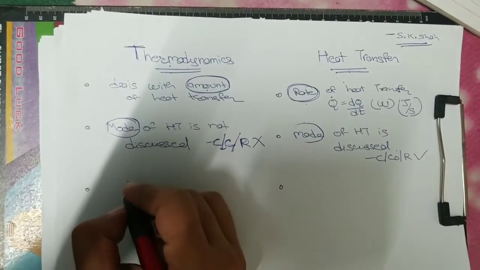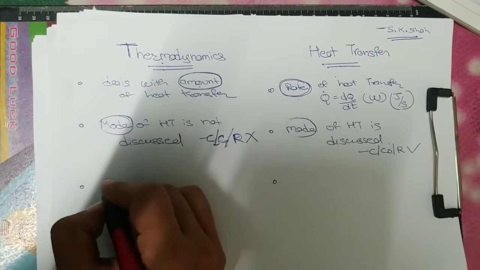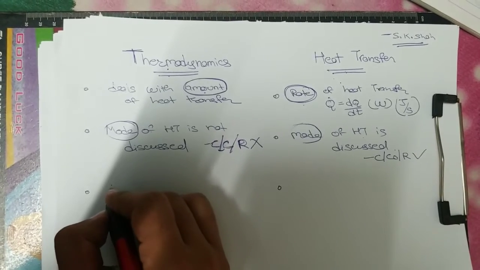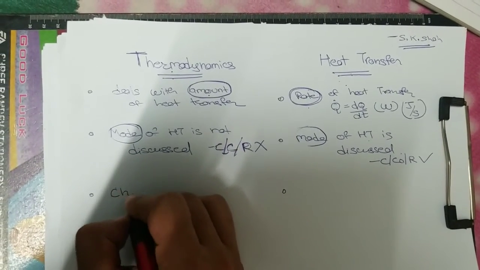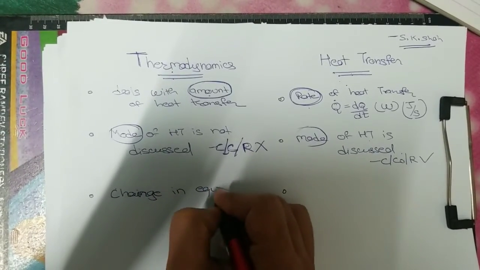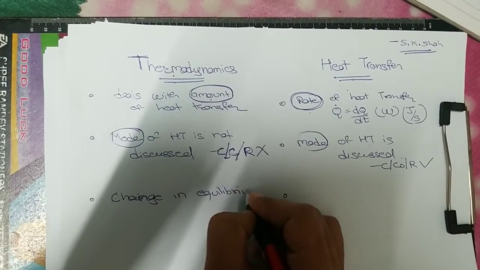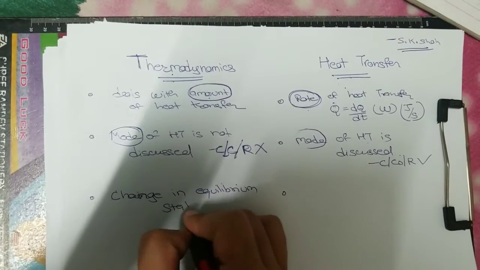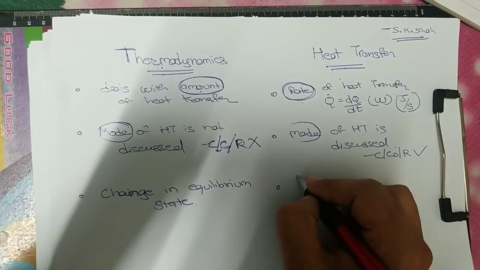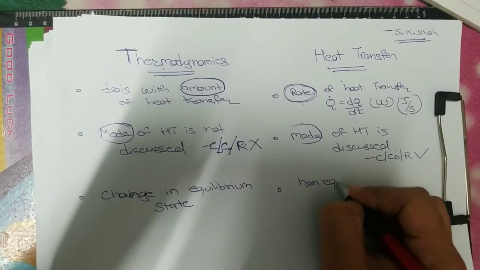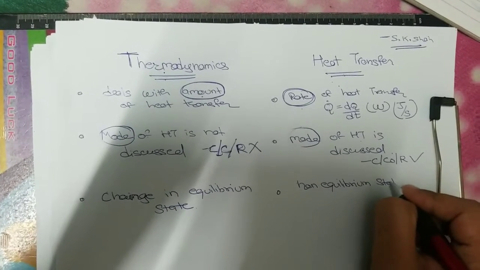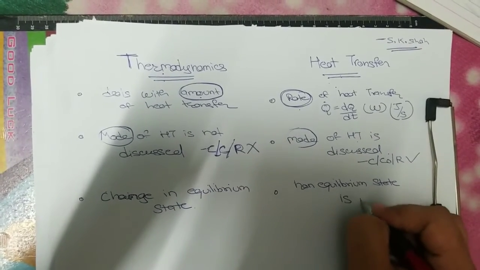The third difference among them is that in thermodynamics, the system moves from one equilibrium state to another. So we can say that it deals with change in equilibrium state, while in heat transfer, the non-equilibrium state is inherent.